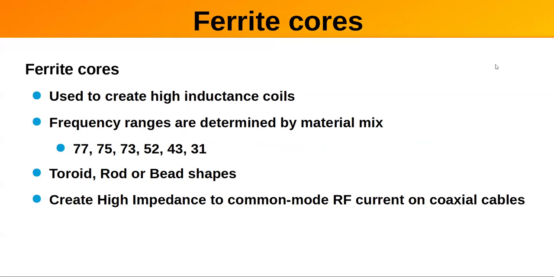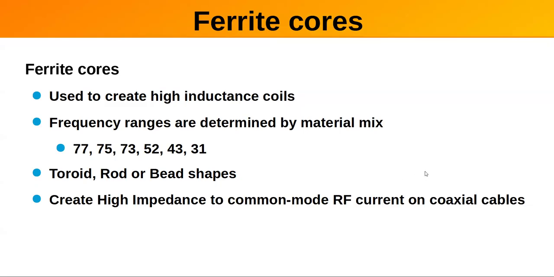There's typically about 6 mixes. These are mostly made by Fair-Rite. And 31 is probably the most popular. It covers basically the HF frequency range. 43 goes a little bit higher. I'm not that familiar with some of the others, but they're more specialized frequency ranges.